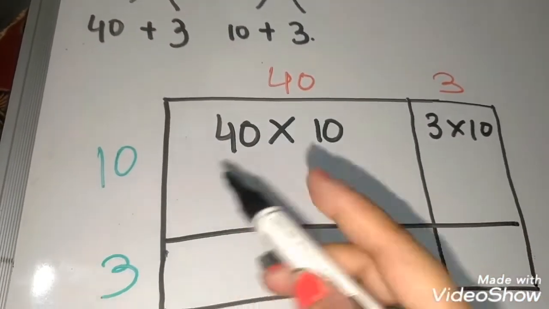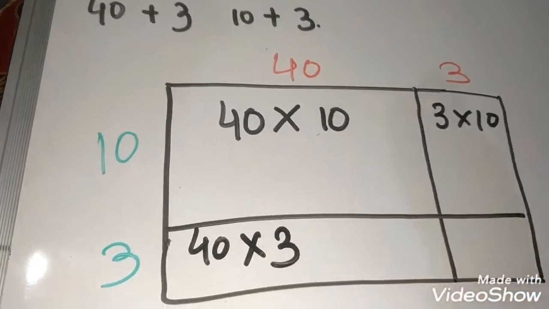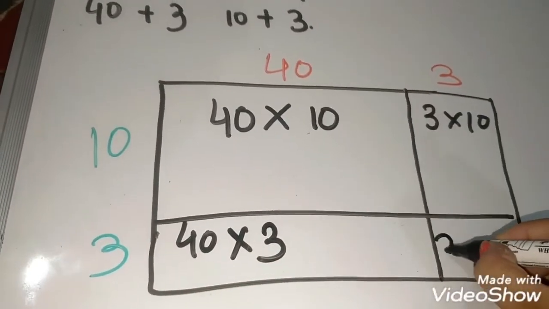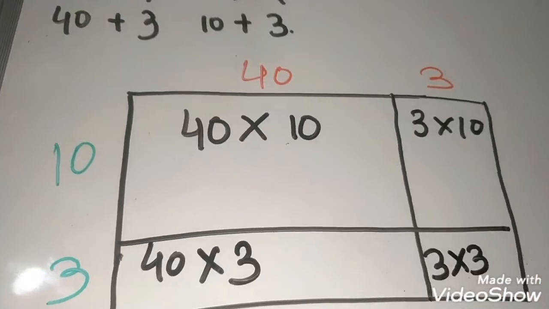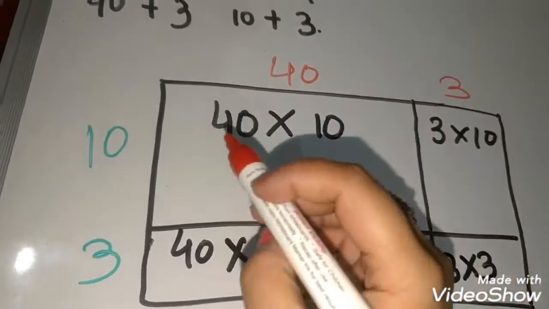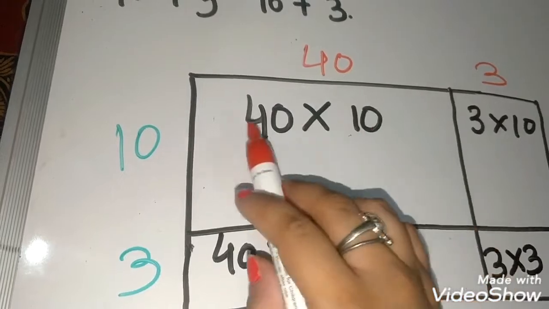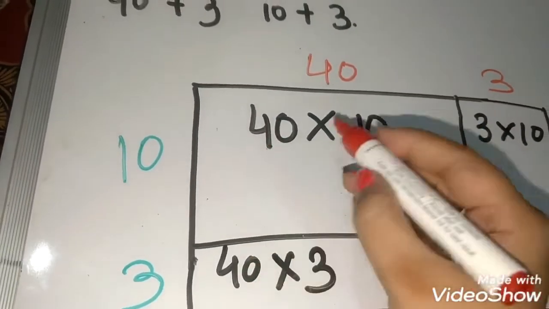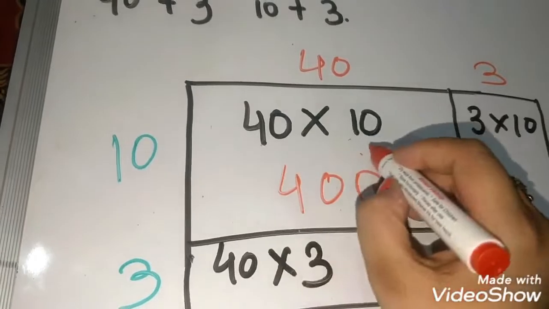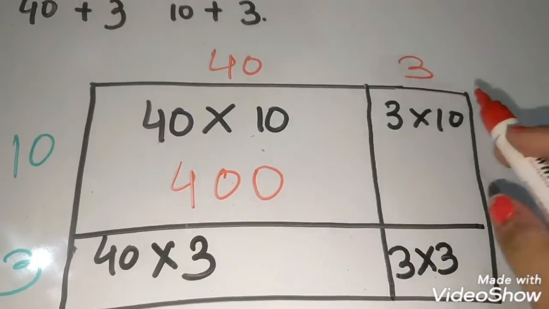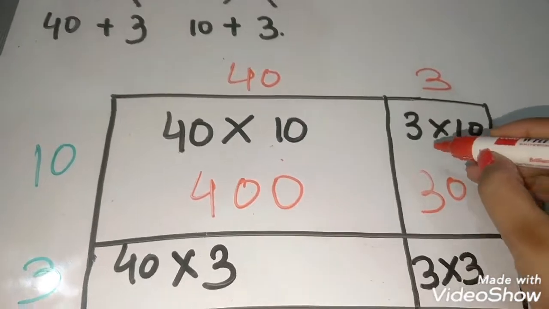So 40 into 10. 40 times 10. 4 ones are 4 and both the zeros. 40 tens are 400. 3 into 10. 3 tens are 30.